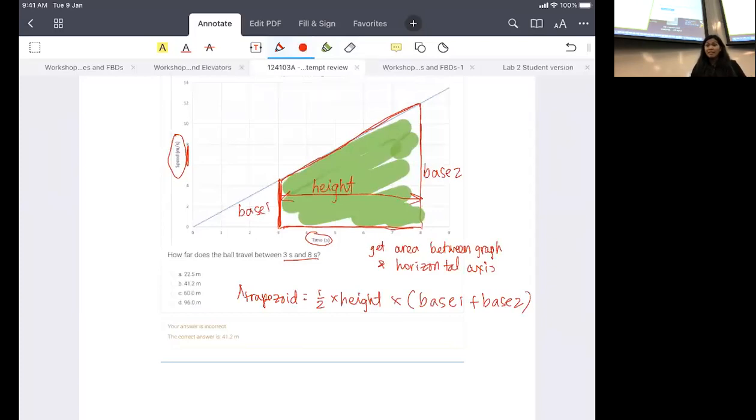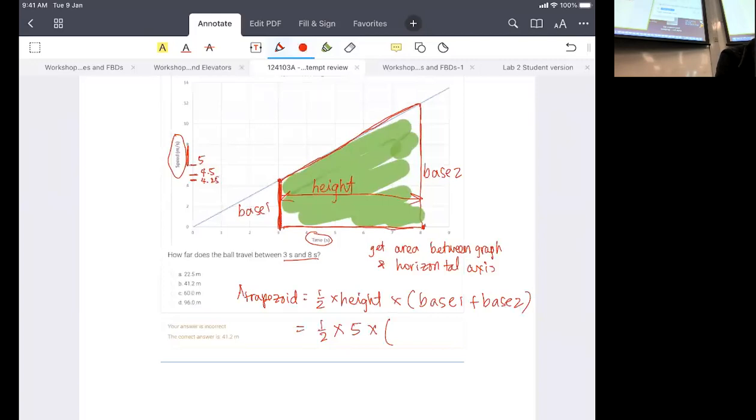All right. Okay, so let's read off the numbers from the graph. The height goes from 3 to 8 seconds, so that will be 5 for the height, times base 1. You have to read what's the length of this. So this is 5, half of that will be 4.5, and half of that will be around 4.25.